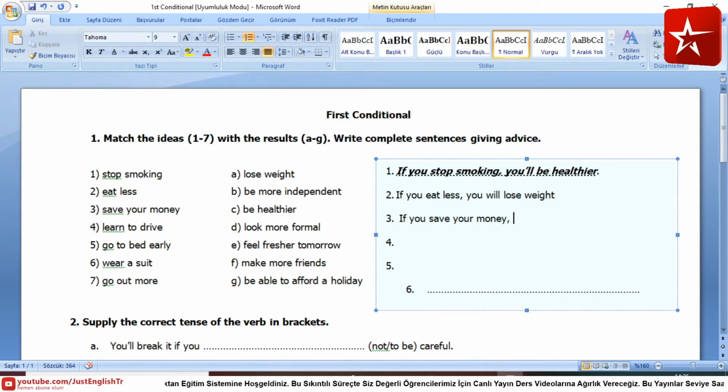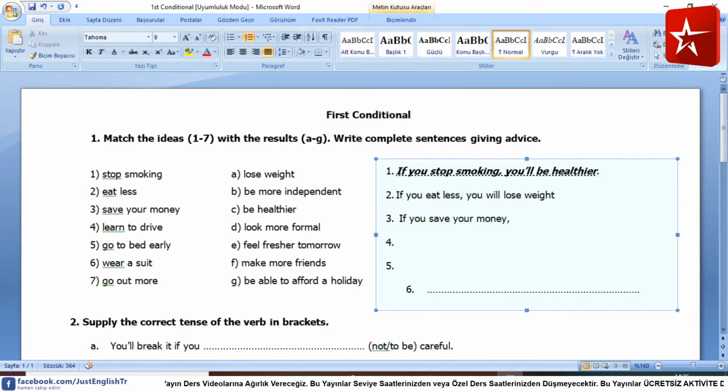I'm waiting for your answers. Yes, answer A is the correct answer. If you save your money, you will be able to afford a holiday. Great.